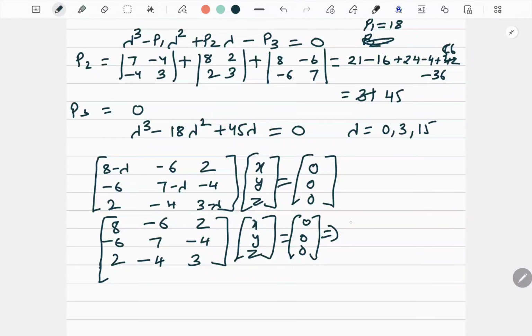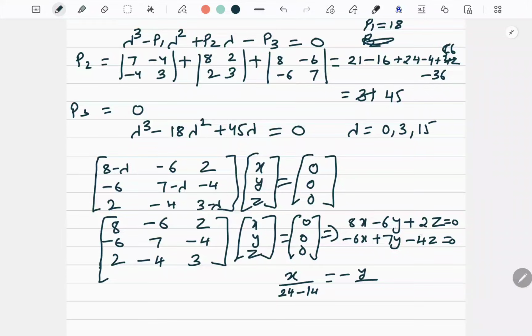Implies 8x minus 6y plus 2z is equal to 0. Minus 6x plus 7y minus 4z is equal to 0. So here x upon 24 minus 14 is equal to minus y upon 8 4s are 32, minus 32.